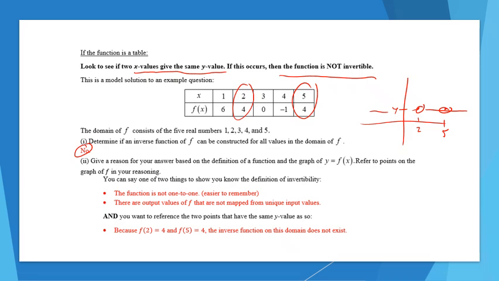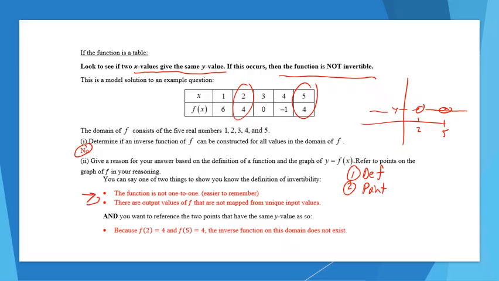You can say one of 2 things to talk about the definition. So you need to hit 2 bullet points. You need to talk about the definition, and then you need to give points. And so here you could say the first thing for the definition is the function is not one-to-one. That's a pretty easy phrase to remember, right? It's not one-to-one if it's not invertible. If it is invertible, then it is one-to-one.